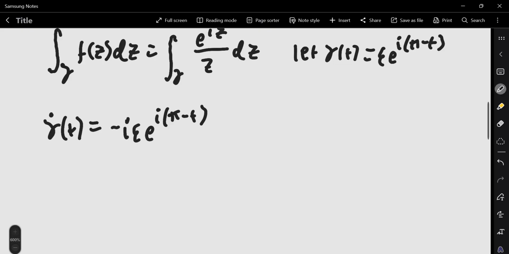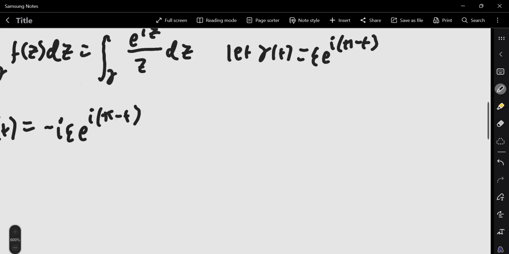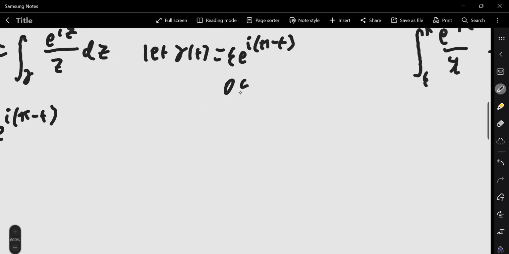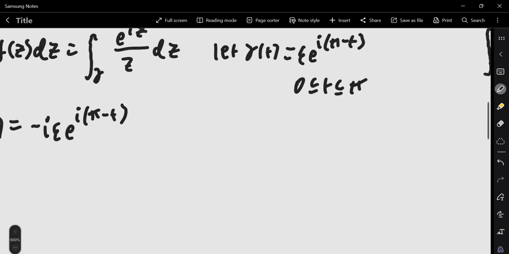So what do we have? We've just got minus i times gamma of t, basically, right? So we just have that gamma dot of t is going to be gamma of t times minus i.